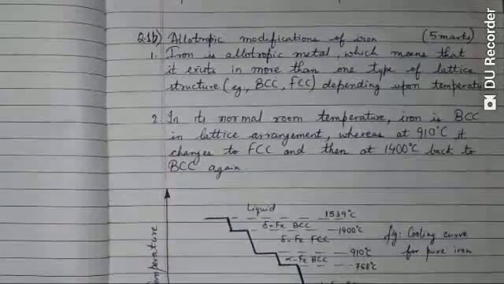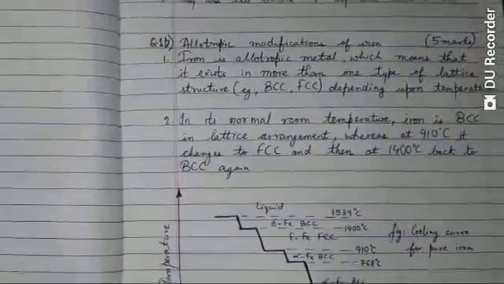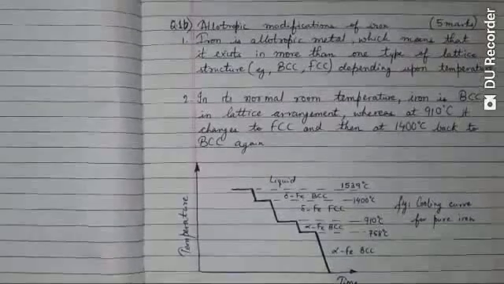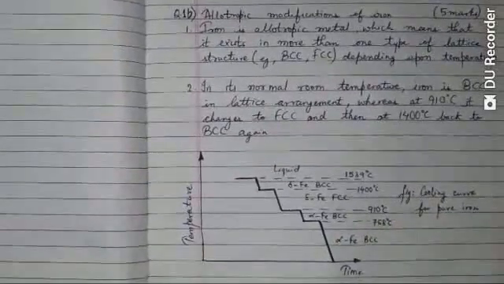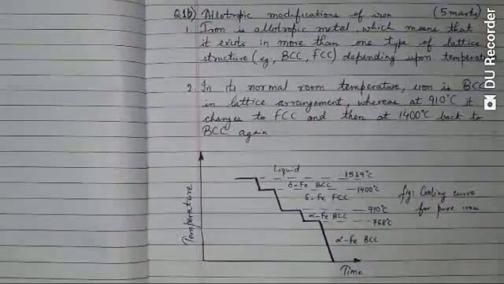Question number 1b, that is the allotropic modification of iron, for 5 marks. Iron is an allotropic metal, which means that it exists in more than one type of lattice structure, that is BCC, body centric, or FCC, face centric, depending upon the temperature.